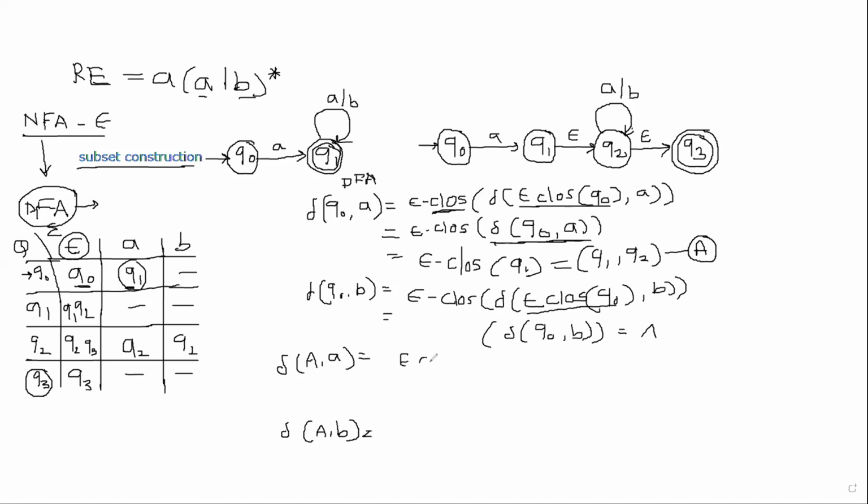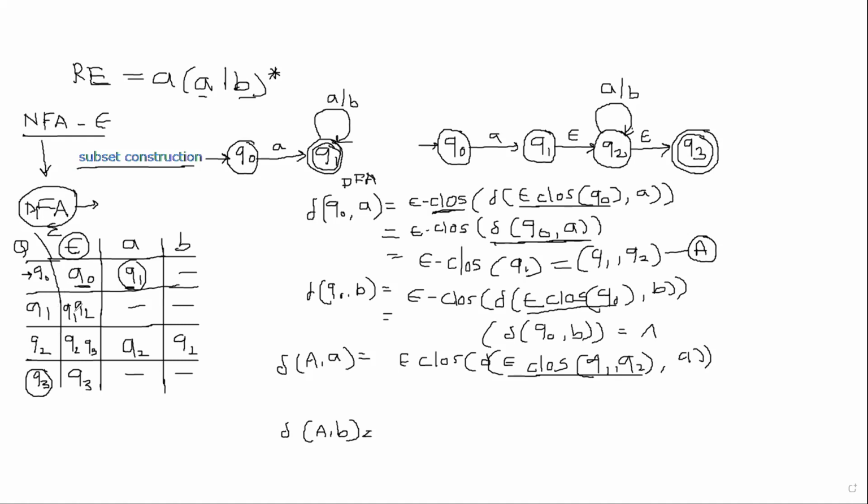So I will write here the epsilon closure of transition with epsilon closure of state A, म्हणजेच तुमची Q1 Q2 state आहे. So epsilon closure of Q1 comma Q2 with A. Okay. So what is epsilon closure? Inner bracket पहले मी solve करती है. What is epsilon closure of Q1 and Q2?